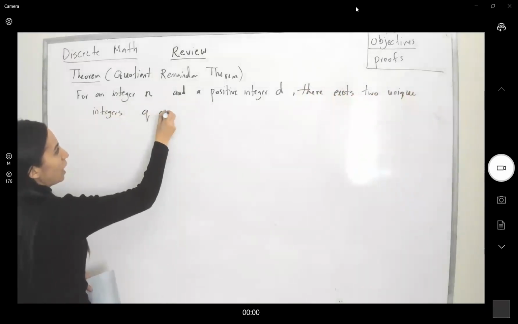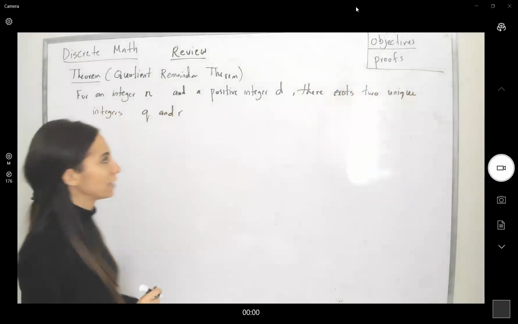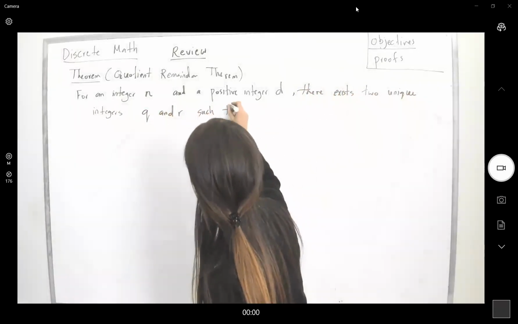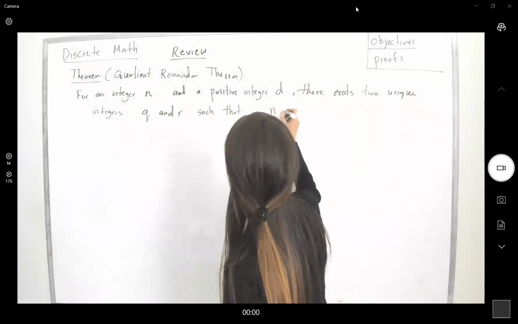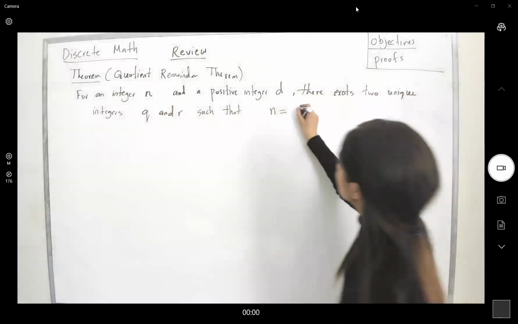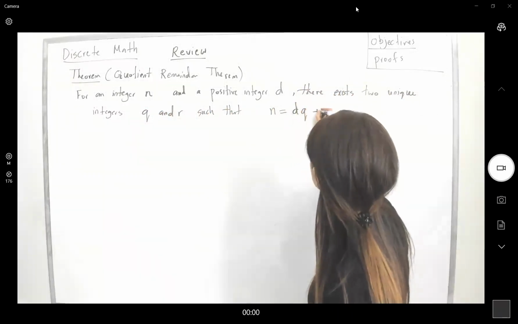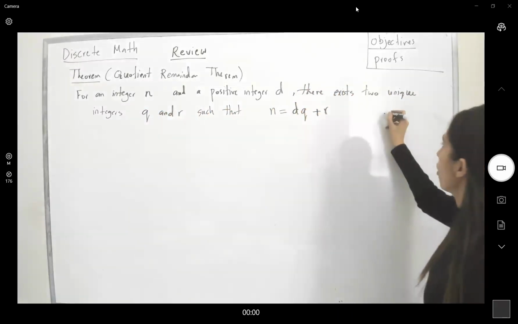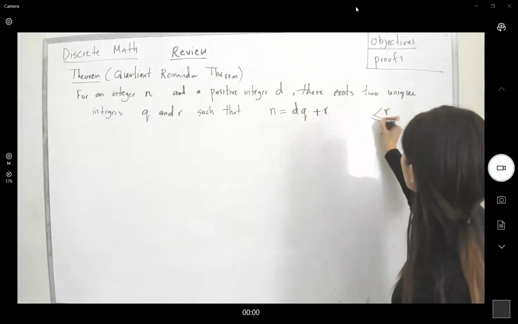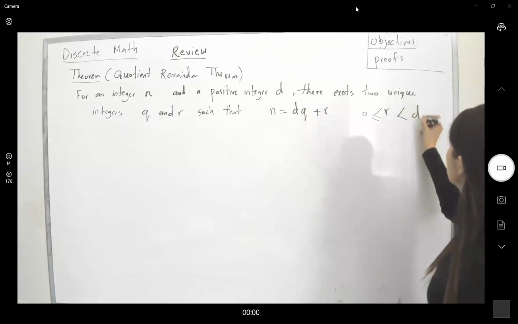q and r such that n can be written as dq plus r, and r is between 0 and d.